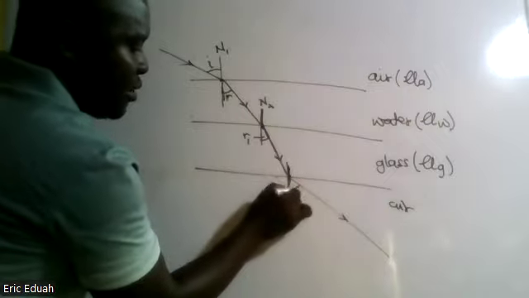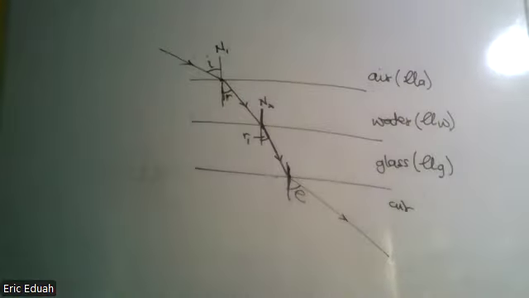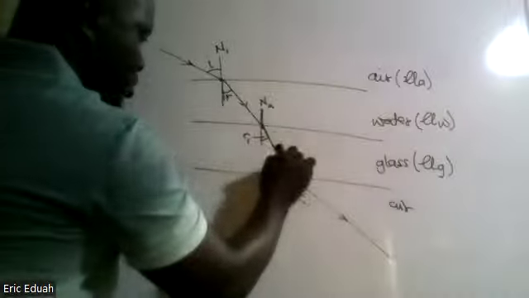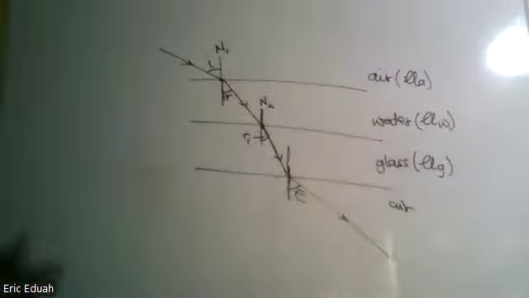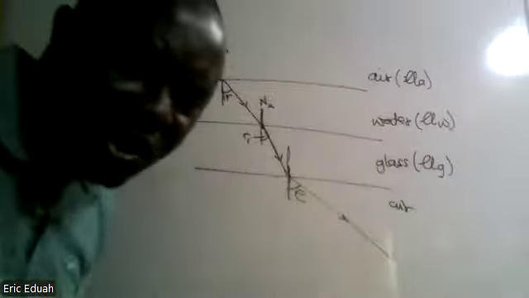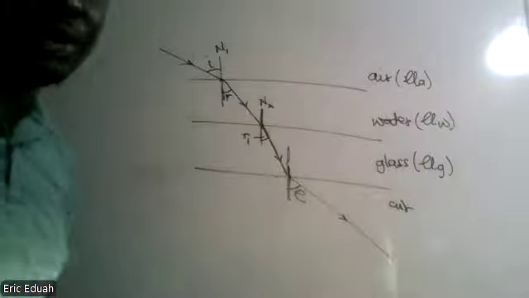We call this angle of emergence, where the ray is emerging out of the material. So refraction or deviation of light occurs at the boundary.